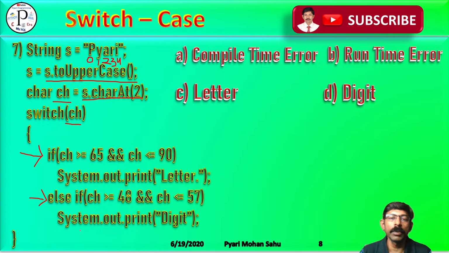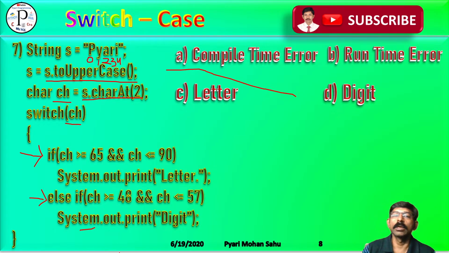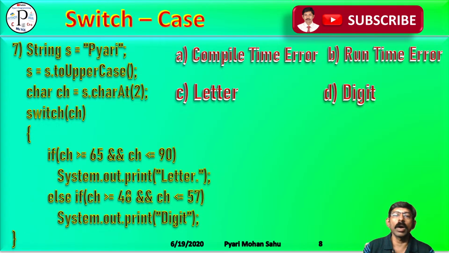Now, who can explain why it is going to generate a compile time error? Don't know, sir. Okay. I think you are not concentrating on the class, those who have given the wrong answer. Or you might have not joined from the beginning, where I have already explained that this kind of code is going to generate an error.